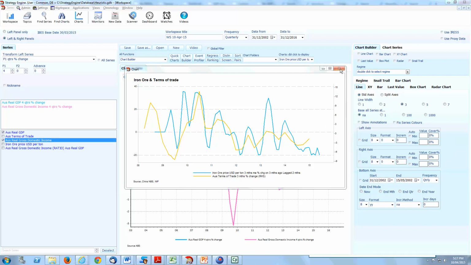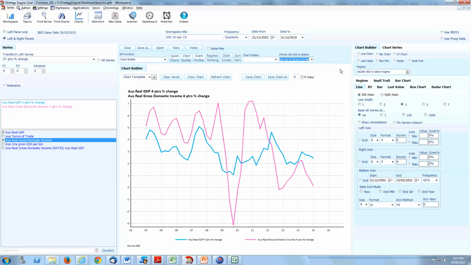So in order to have a look at what this might mean for incomes, it's useful to go back and look at the relationship between real GDP and real GDI, or gross domestic income. In this chart, we're looking at annual growth rates in those two series. The pink is the growth in real gross domestic income, and that will incorporate the terms of trade impact.